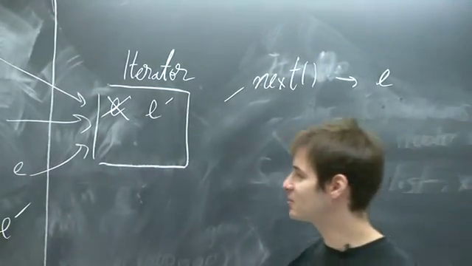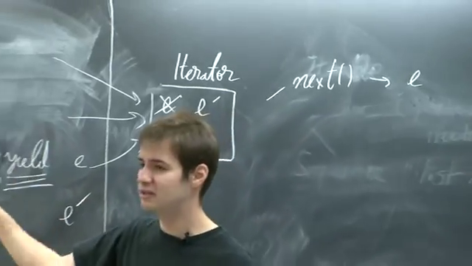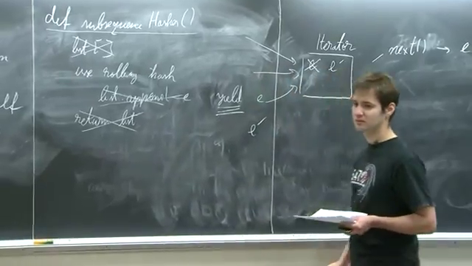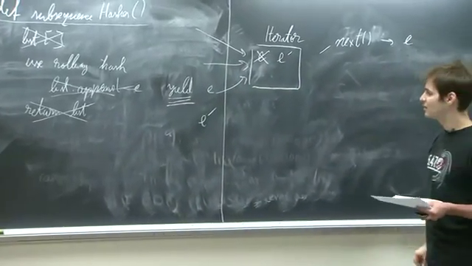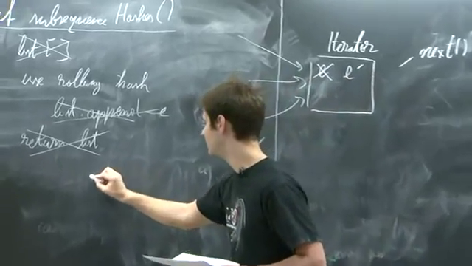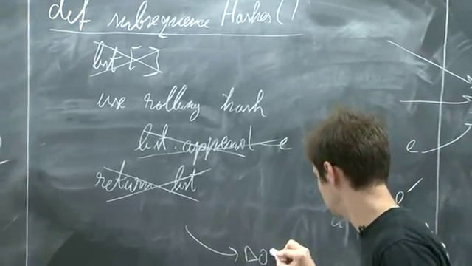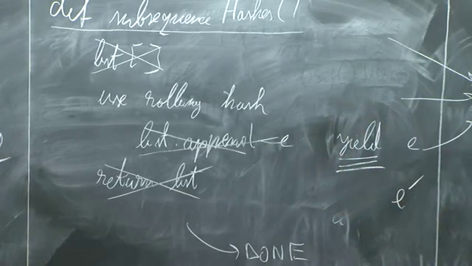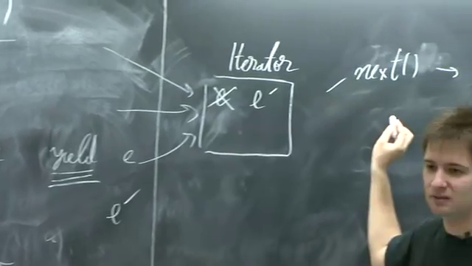Okay, now what happens when we're done? What happens when this loop is done and you return from this method? We said there's no return value. It raises stop. So when we return, it's going to remember that it's done, right? And the first time it has some element here that it has to return.